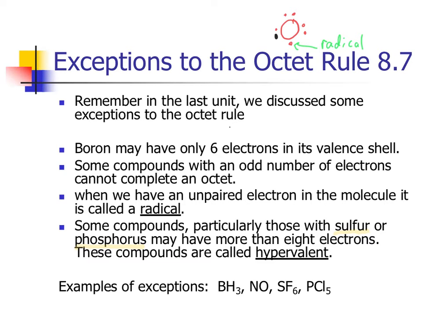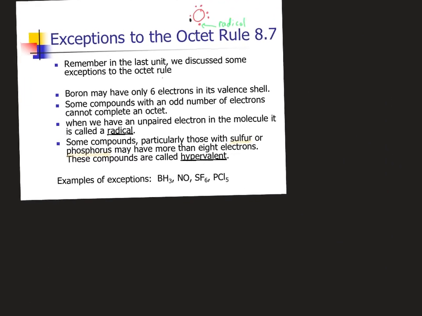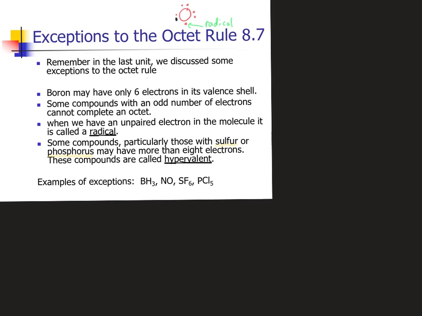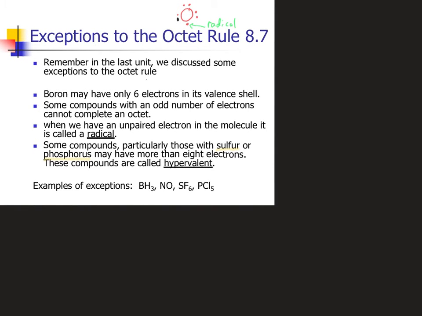If we look at some of the exceptions below, sulfur with 6 fluorine does not look normal, and it's not. Sulfur normally is going to have the Lewis dot structure of this.